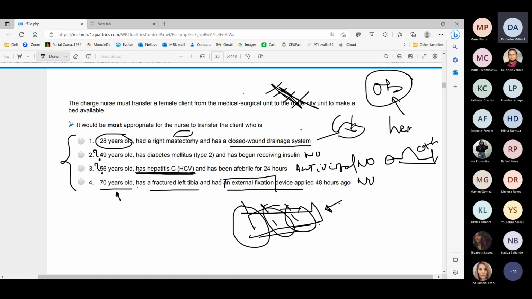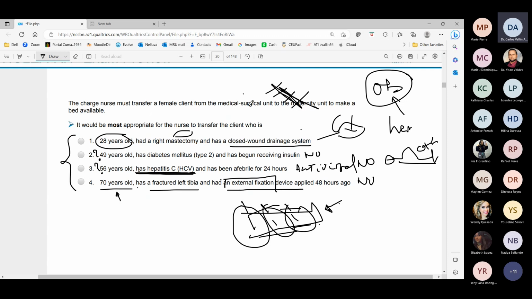I think the best one that I suggest to transfer is number one. What do you think? Do you agree? Yes or no? Yeah, it sounds like the more stable patient. Based on this and the defense that I made of the other clients that don't look pertinent for OB, I think the best is number one, by ruling out the other options.